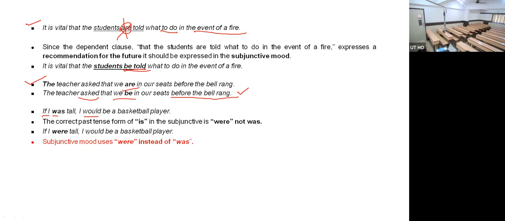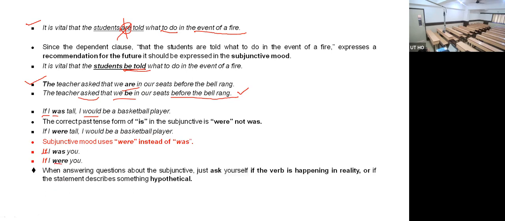So always remember the were will be used instead of was, and would, should would be used instead of will or shall. So whenever you come across if, it should be were, not was. So the main thing in these types of sentences, you should ask yourself, is it really happening or is it a hypothetical situation? It doesn't really happen, but may happen, right?